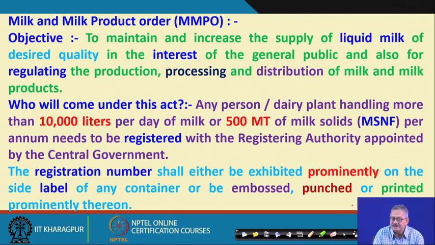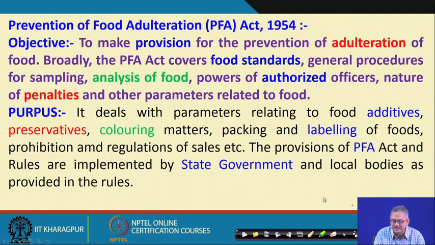Milk solids, MSNF: 500 metric tons of milk solids, MSNF, per annum needs to be registered with the registration authority appointed by the central government. The registration number shall either be exhibited prominently on the side label of the container or be embossed, punched or printed prominently thereon.